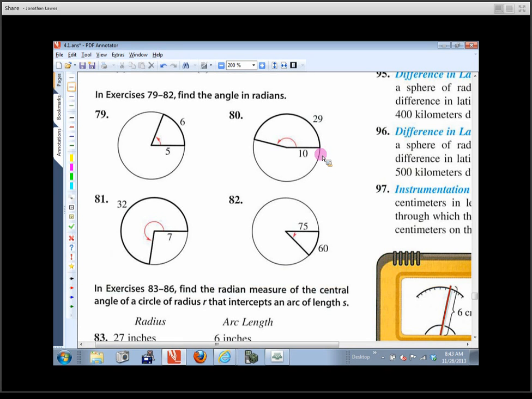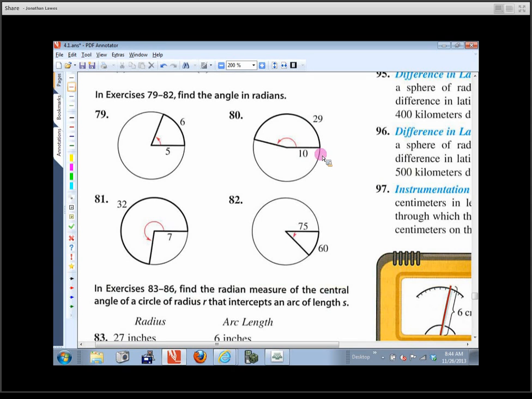Raise your hand if you think you might know. Okay, we've got about 5 or 6 people. That's great. Let's see if everybody can get this. Remember what a radian is. Okay, what is a radian really? Why did they call it a radian in the first place? Radius, right?